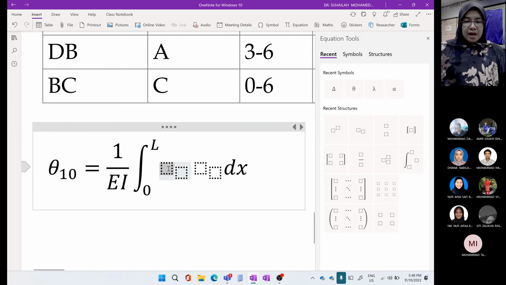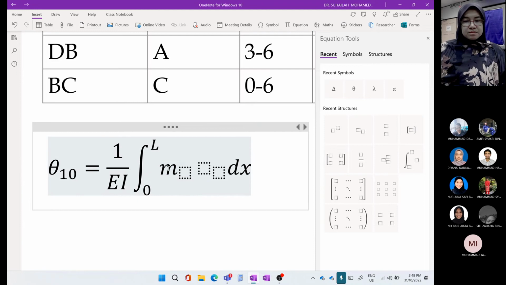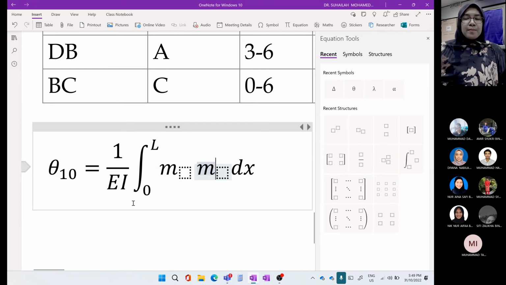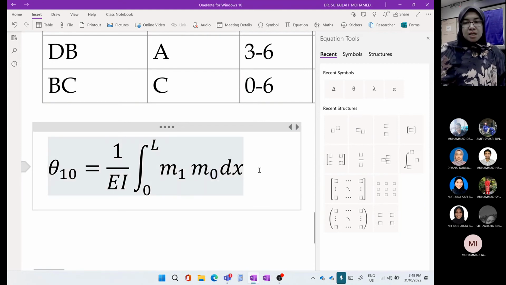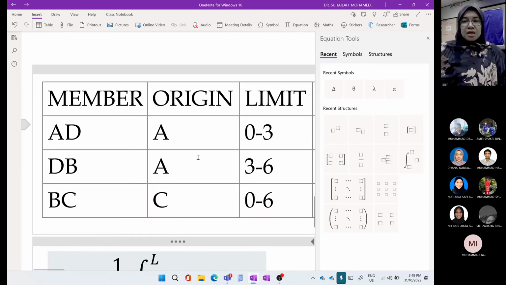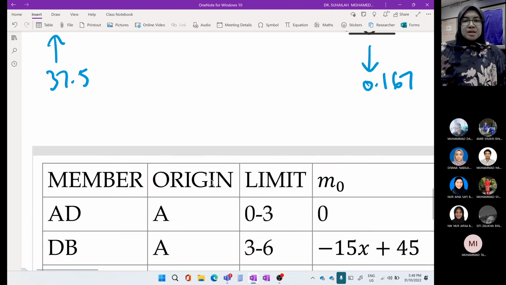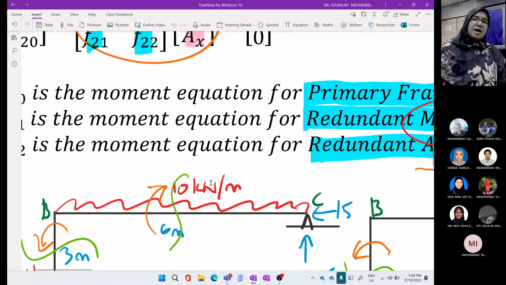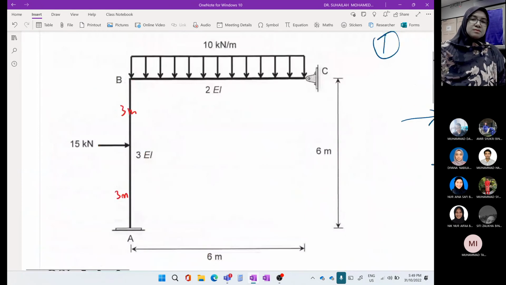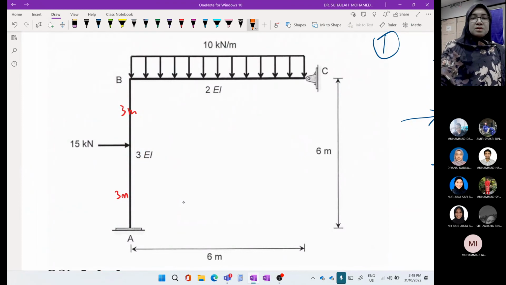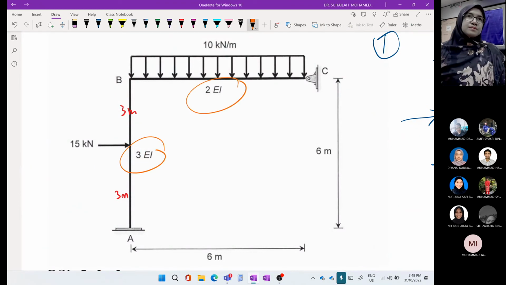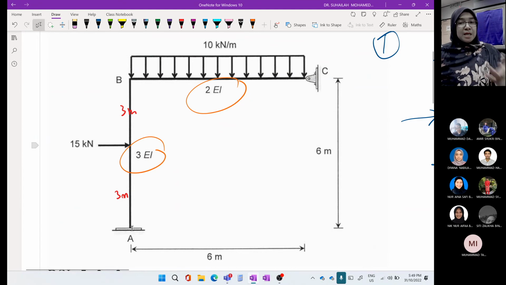M1 and M naught. So this is equal to, don't forget we have unconstant. We have 3 and 2. 3 for AB and 2 for BC.